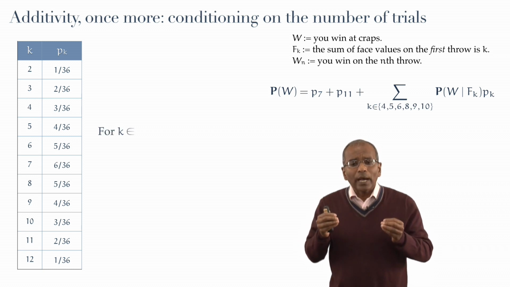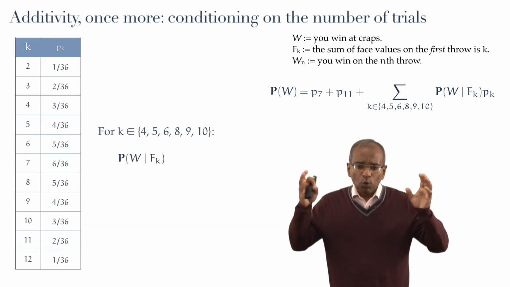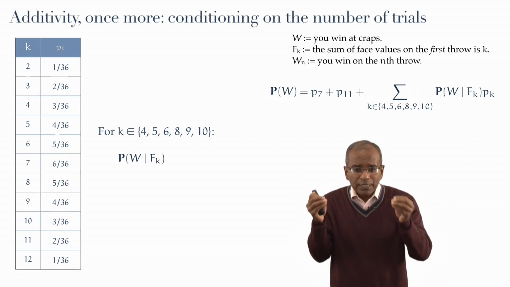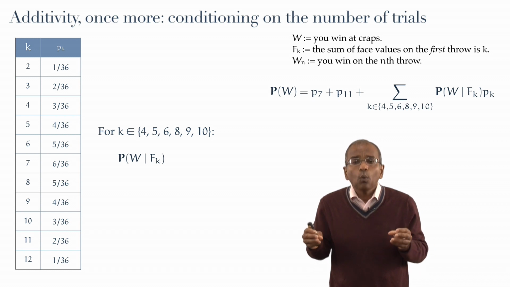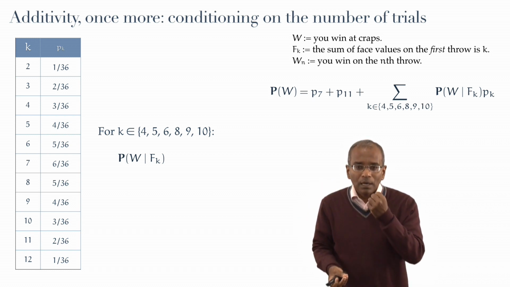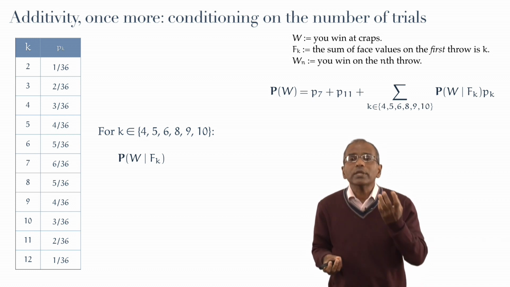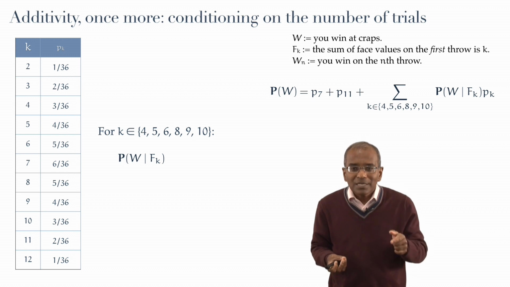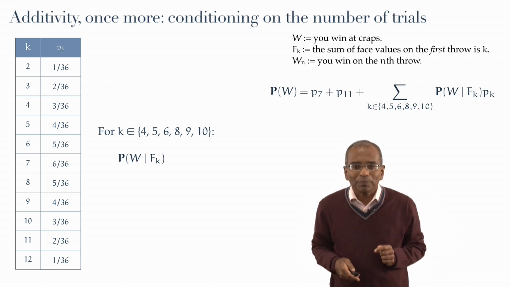Now, here is where our second epiphany comes to mind. So, here's what we need to do. We have to determine, for the cases 4, 5, 6, 8, 9, or 10, what is the conditional probability of winning having thrown one of these numbers. Recall that in such a setting, the game progresses by throwing the dice repeatedly until you will win if the original number was thrown.